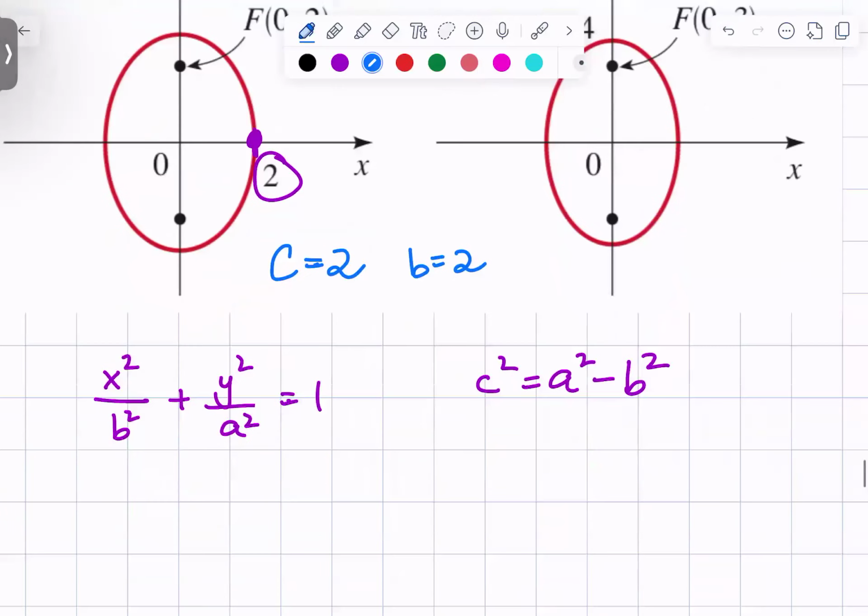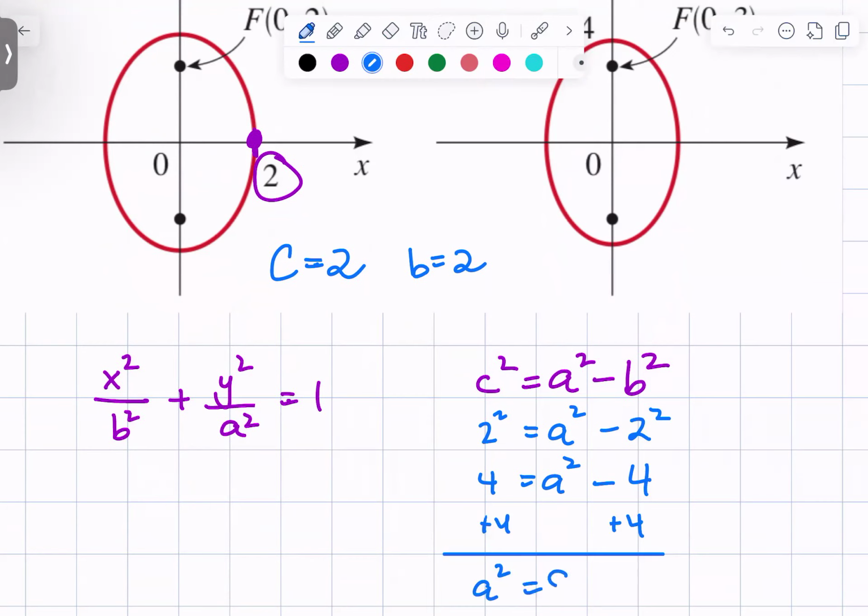So going to my second equation, c squared equals a squared minus b squared. 2 squared equals a squared minus 2 squared. 4 equals a squared minus 4. Add 4 to both sides. My a squared value is 8.